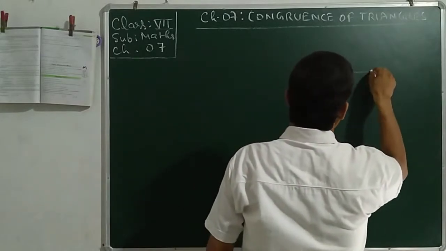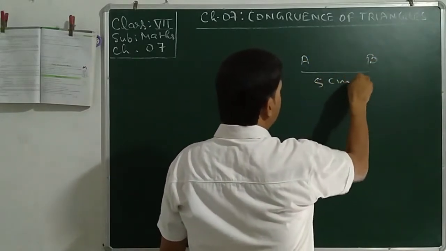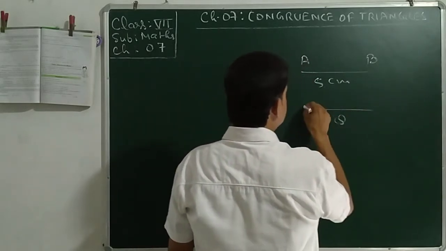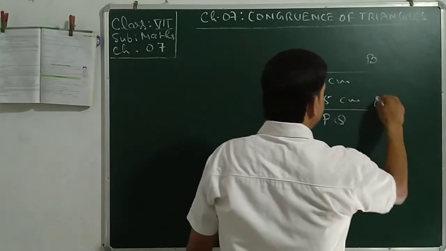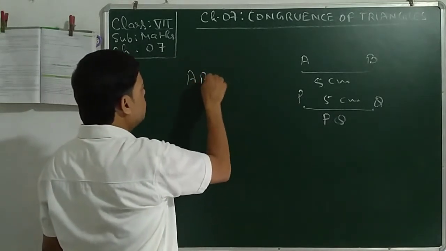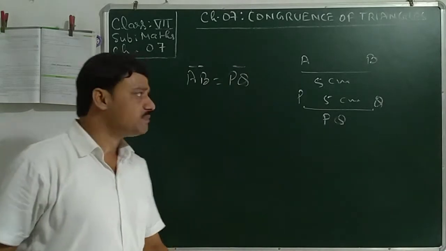So if one line segment AB is 5 cm, and another line segment PQ is also 5 cm, in this case we can say line segment AB is equal to line segment PQ.